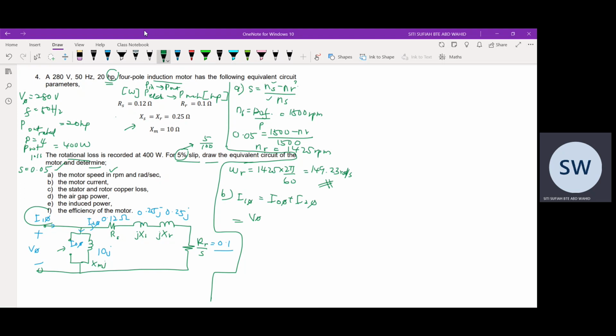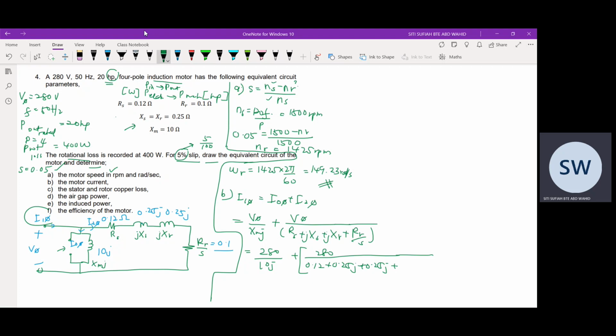I0 phase is V phase over jXM because you don't have your RC, plus I2 phase is the same V phase divided by the 4 series components: RS plus jXS plus jXR plus RR over S. So V phase 280 over 10j plus 280 over 0.12 plus 0.25j plus 0.25j plus RR over S, 0.1 over 0.05, which is equivalent to 2.